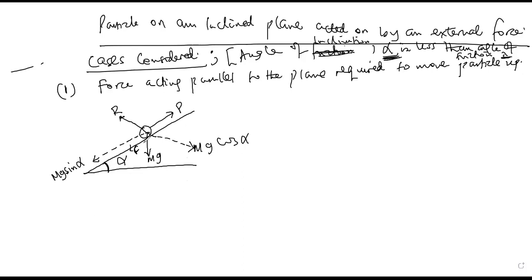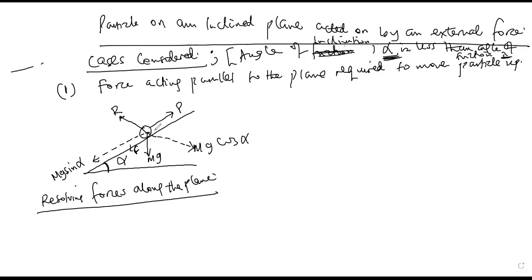Now, from this sketch, you can resolve forces very easily. We shall begin by resolving forces along the plane. When we say along the plane, that is parallel to the plane, the forces facing up should counterbalance the forces facing down, meaning that P, since P is the only one facing up, would be equal to F plus mg sine alpha.